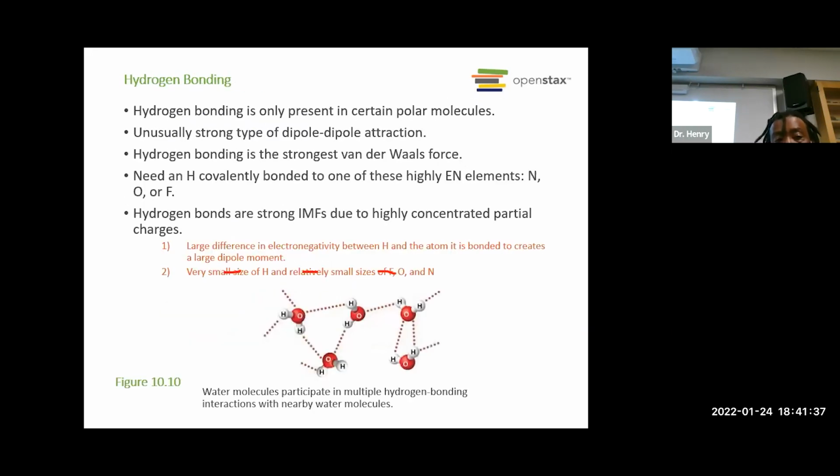In the case of hydrogen bonding, there's a water molecule and another water molecule. This is going to form what we call a hydrogen bond. This one is partially positive, this one is partially negative, and they're going to be attracted to each other because there are partial charges. Does that make sense? So that's why water behaves the way it does.